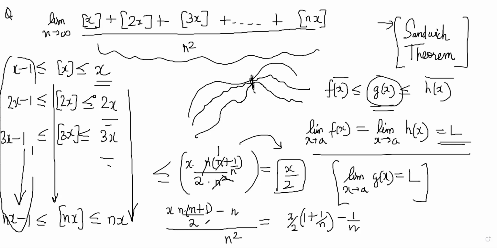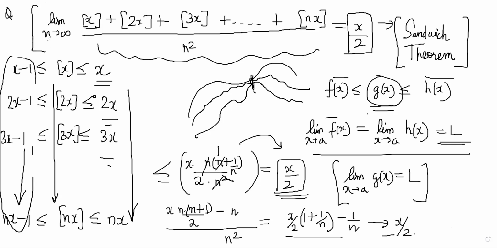So as n tends to infinity, this also tends to x by 2. The lower function tends to x by 2, the upper function also tends to x by 2, so the middle one tends to x by 2. This is a straightforward sandwich theorem question.